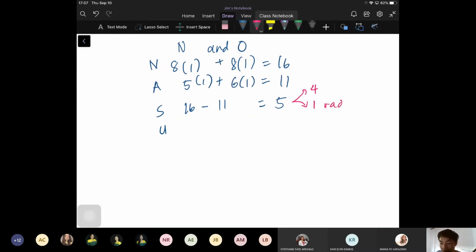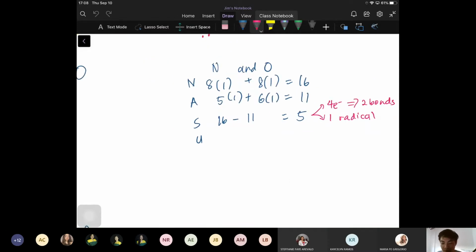Yung 1, ito yung magiging radical. Isang radical lang parate pag odd number. How about the 4? These 4 electrons, yan yung gagamitin to create 2 bonds. So, yan yung idea. Split mo yung odd number. Yung isa, that will be your radical. Yung 4 electrons, yun yung magiging 2 bonds ninyo. Okay? So, keep in mind ha.